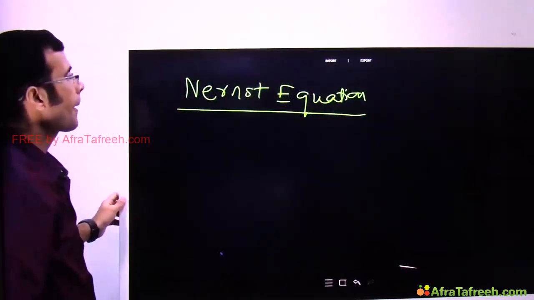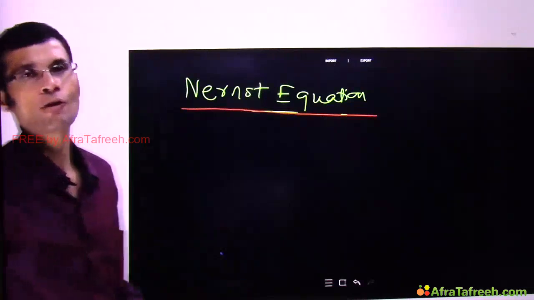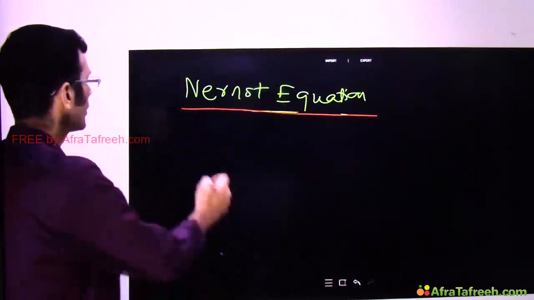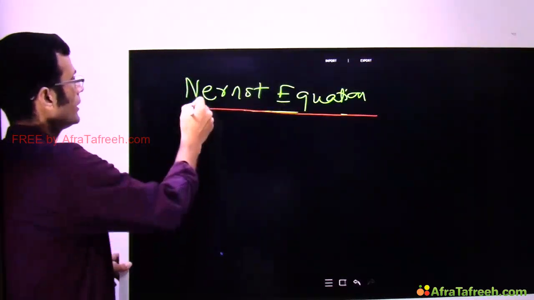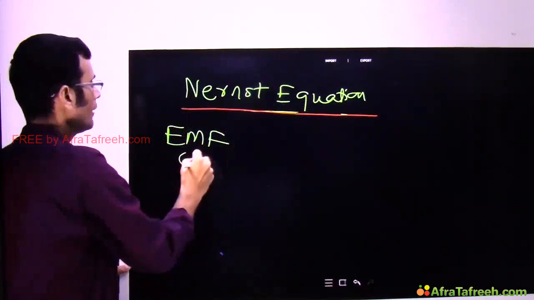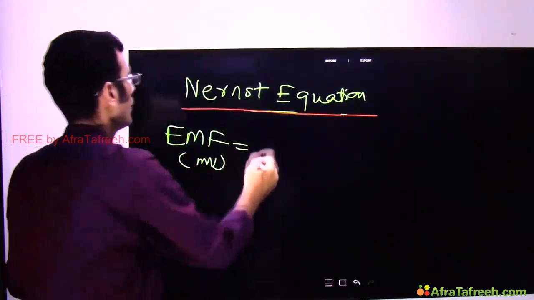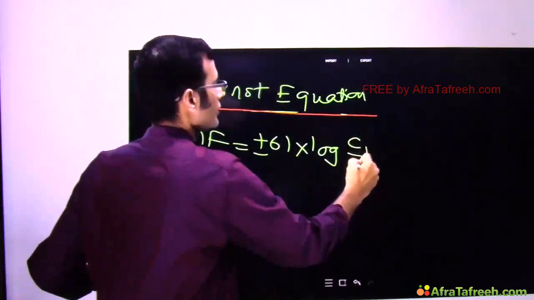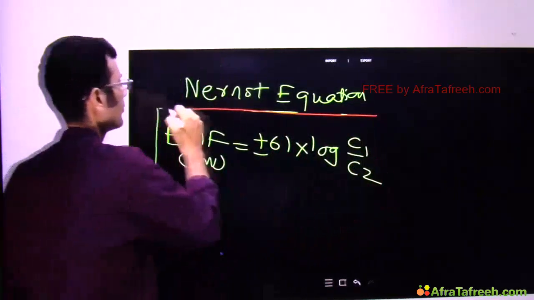Nernst equation. The equilibrium potential for an individual ion is calculated by the Nernst equation. And the Nernst equation says EMF in millivolts is equal to plus or minus 61 into log of C1 upon C2.